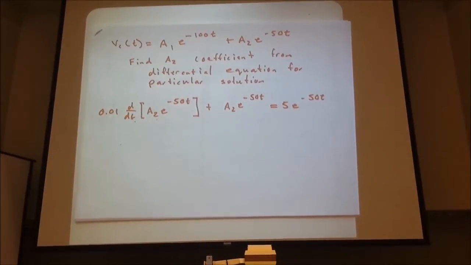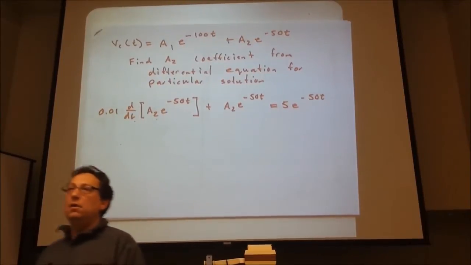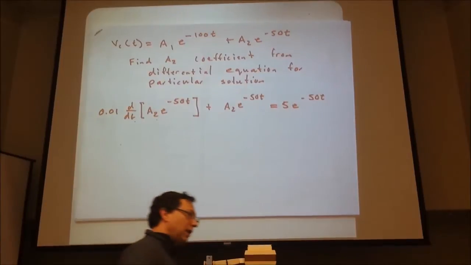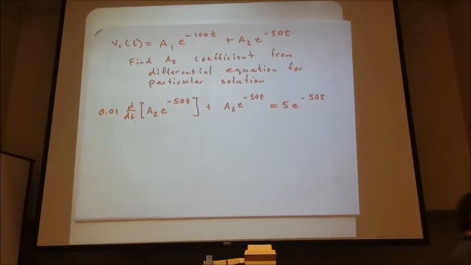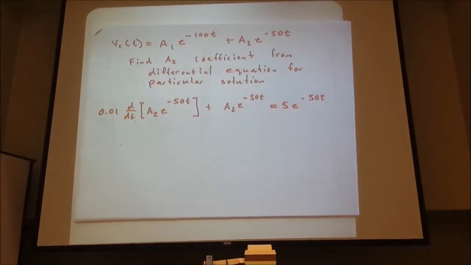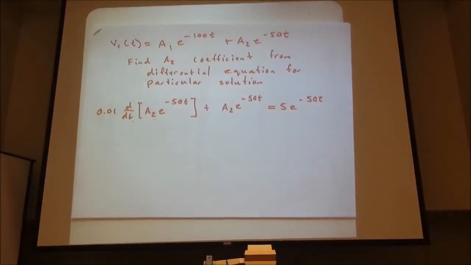I didn't rewrite the differential equation, but does everybody agree with what I just wrote down? I substituted our particular solution into that differential equation. It was on the previous slide. Here's our source for t greater than 0, which was the right side. And then our RC term right there.